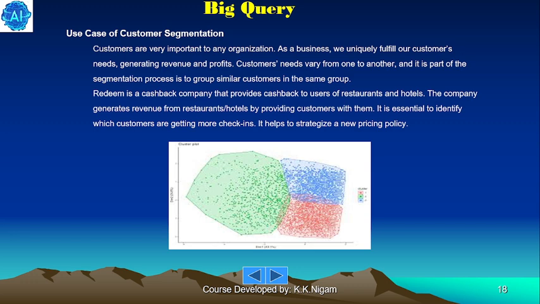Redeem is a cashback company that provides cashback to users of restaurants and hotels. The company generates revenue from restaurants and hotels by providing customers to them. It is essential to identify which customers are getting more check-ins, which also helps to strategize a new pricing policy.